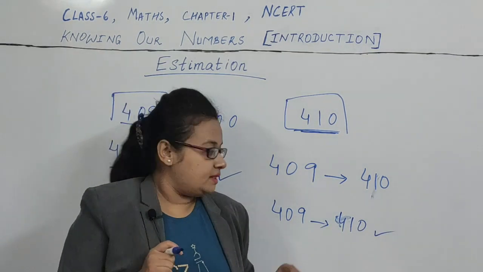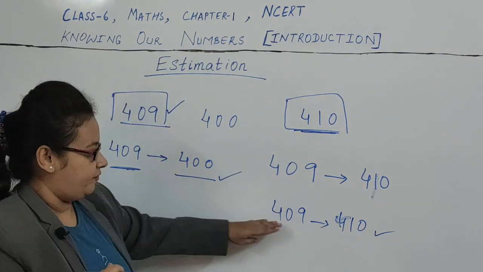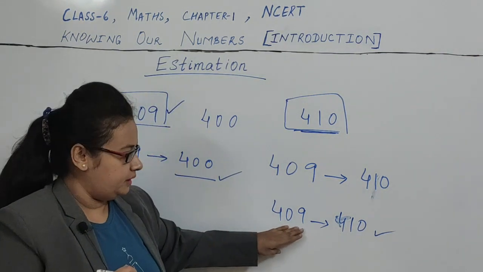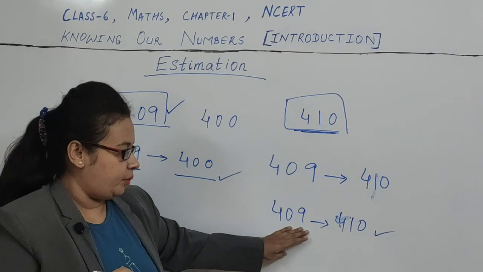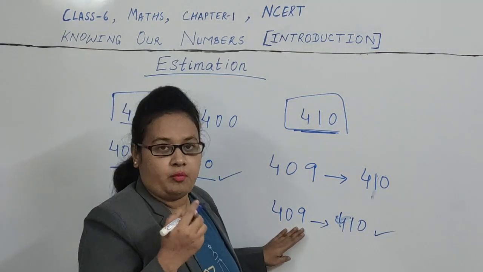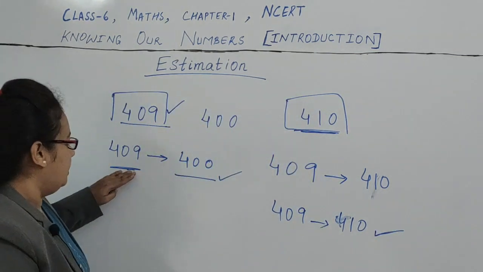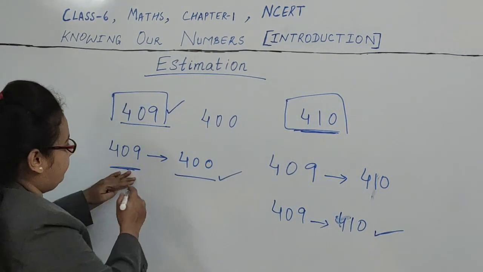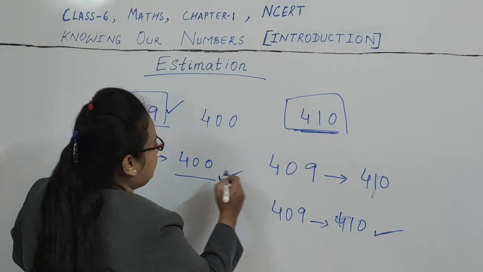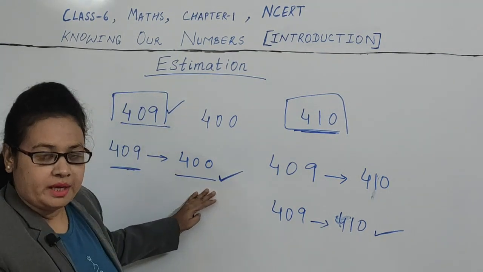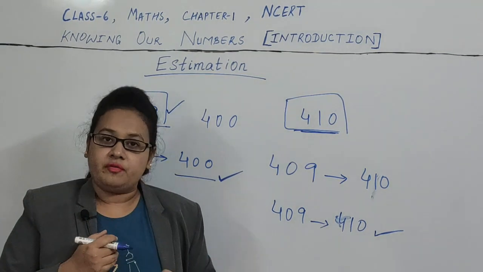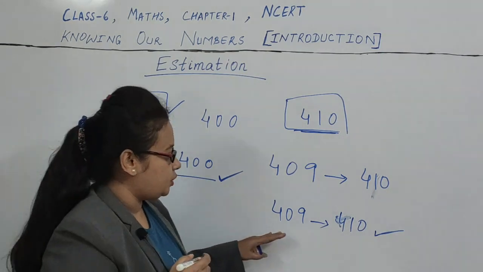So we can round off the same number in different ways. Here we used one way to round off and here we used another way. Okay, so now we will learn the ways of rounding off the numbers.